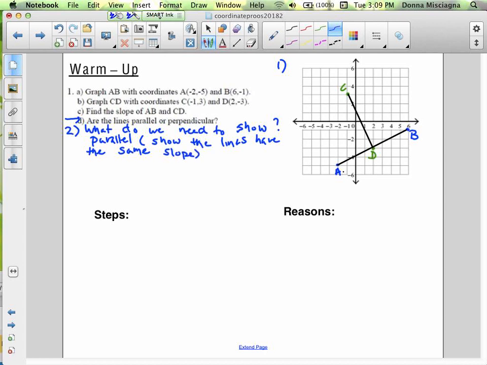If we want to show the lines are perpendicular, we'll have to show that the lines have slopes that are negative reciprocals. I'm going to abbreviate negative.